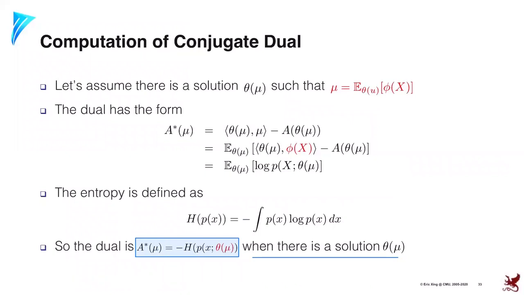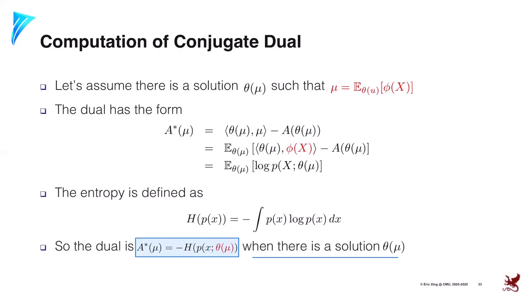And then recall that we have the entropy defined this way. We should know the dual would be of this form when there is a solution. So we just plug this into the dual form, and then we would have the dual equal to this thing. And we should also know that the solution would then be theta(mu).